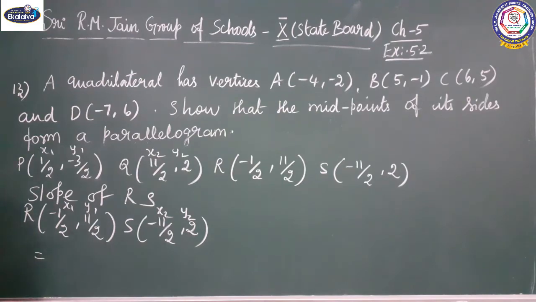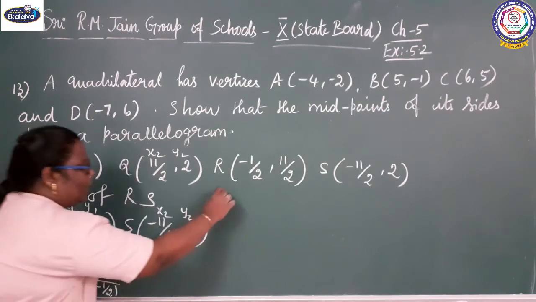It gives y2 minus y1, 2 minus 11 by 2, by x2 minus x1, minus 11 by 2 minus minus 1 by 2.